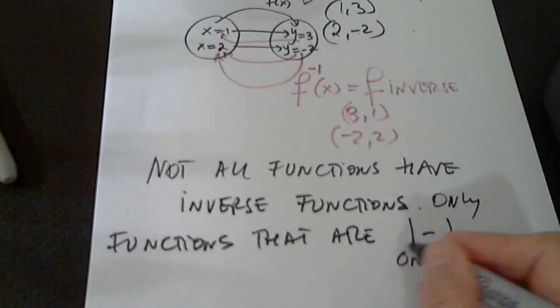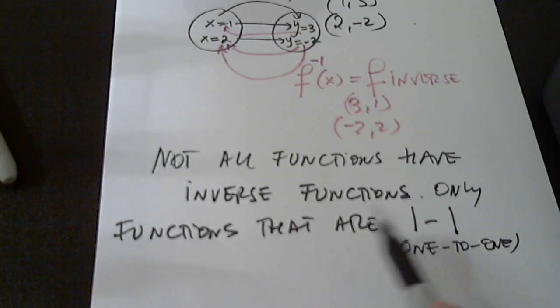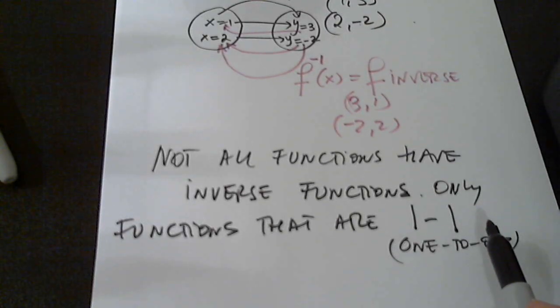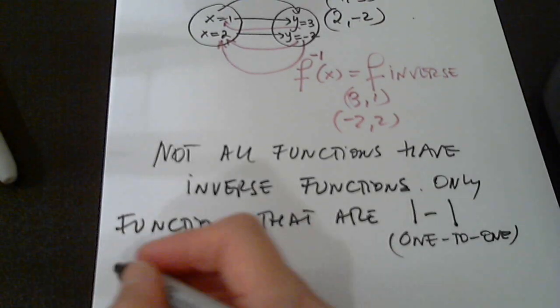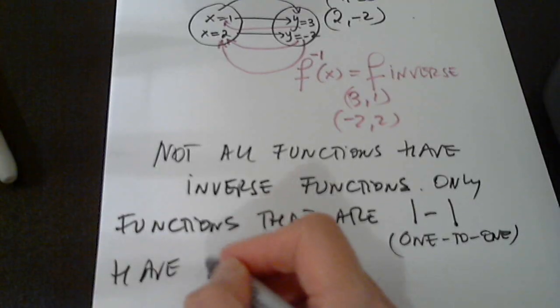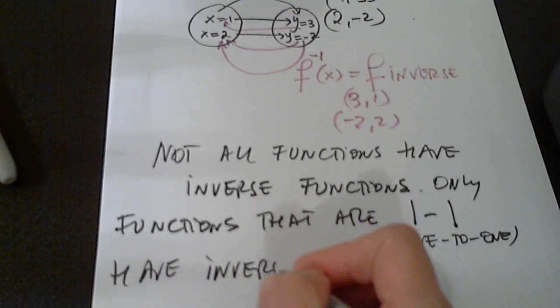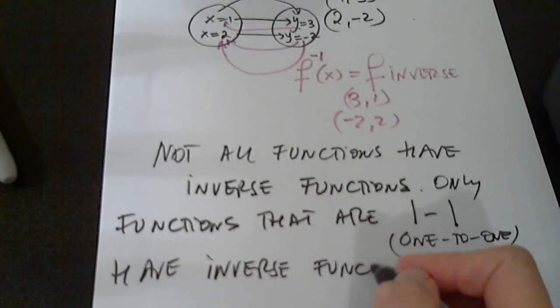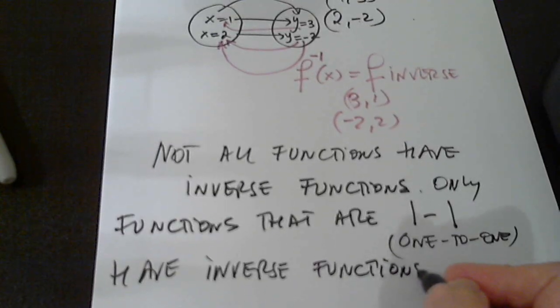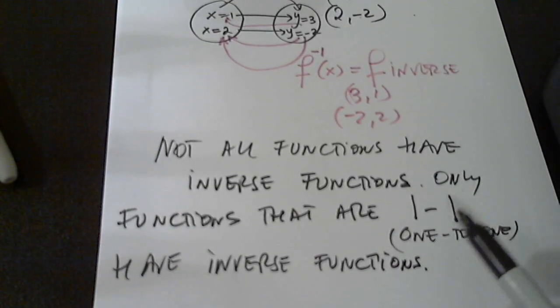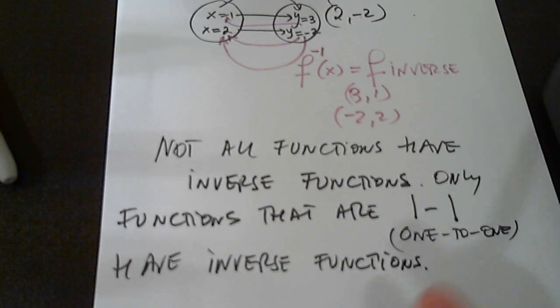Only functions that are one-to-one have inverse functions. What does the property of being one-to-one mean, or how does a function look when it is one-to-one?